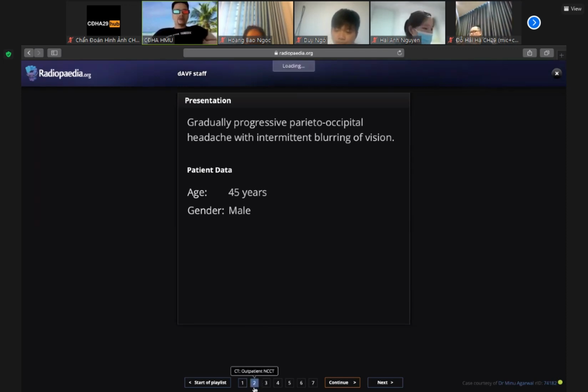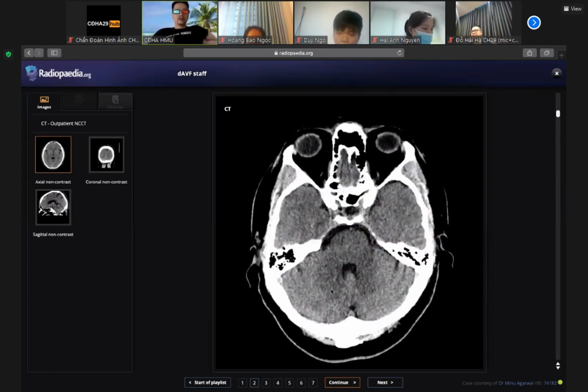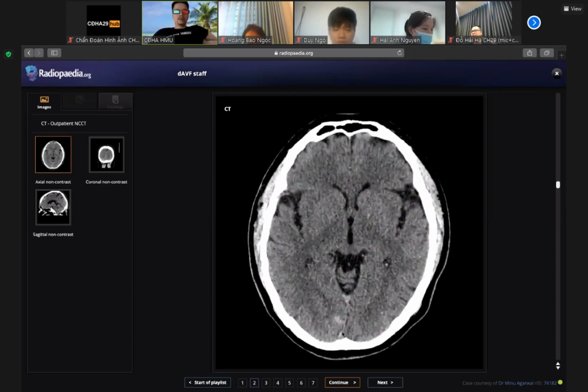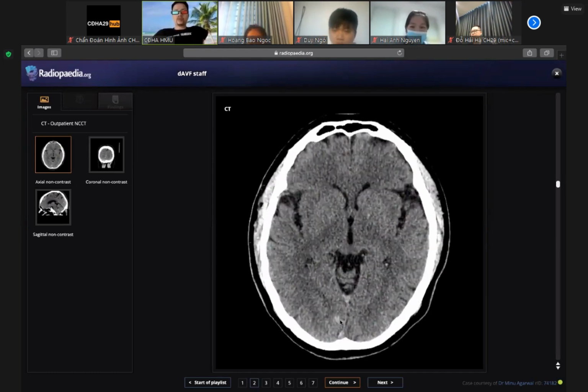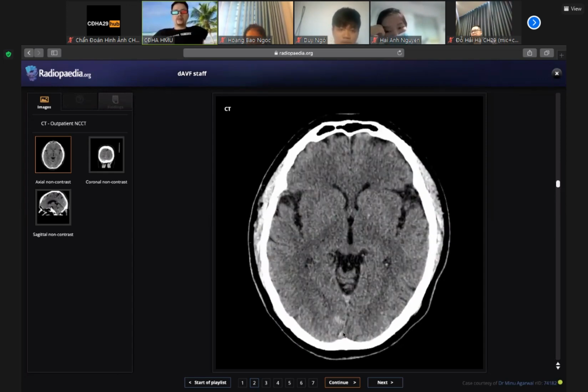On the initial CT scan, based on the clinical symptoms, we can detect a hyperdense structure in the arachnoid space of the left occipital area, which is suggestive of dilated venous structure.